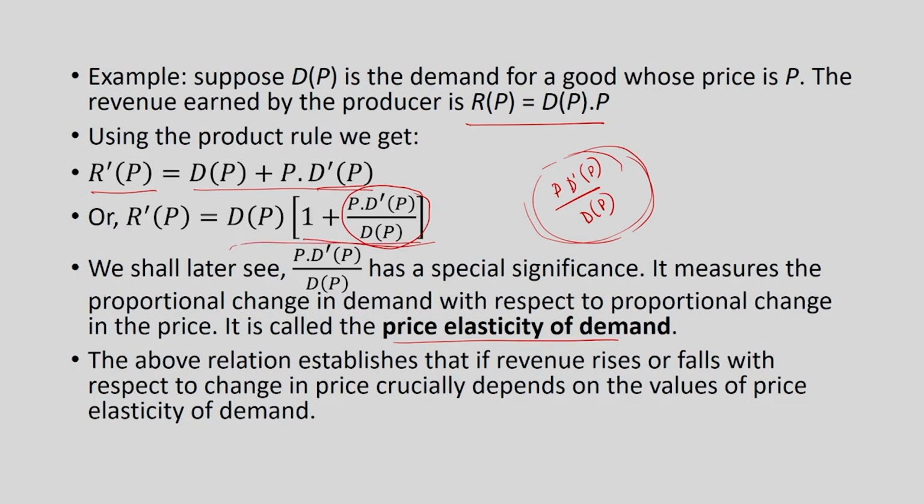That will mean that if price rises, then the revenue will fall, or if price falls, then the revenue will rise. So, whether the revenue rises or falls with respect to price, it crucially depends on this expression, the price elasticity of demand.